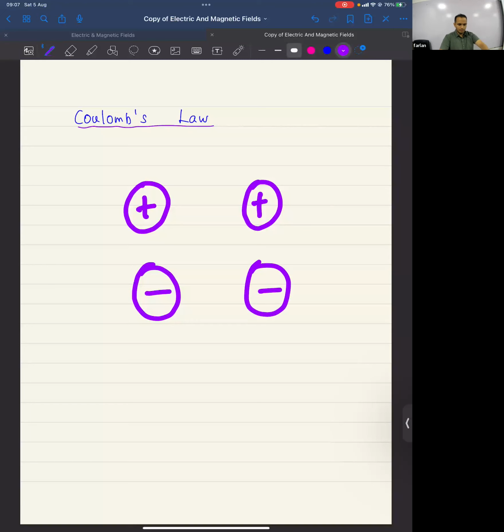But if you keep a positive charge and a negative charge, they will attract. Opposite charges attract, and like charges repel.